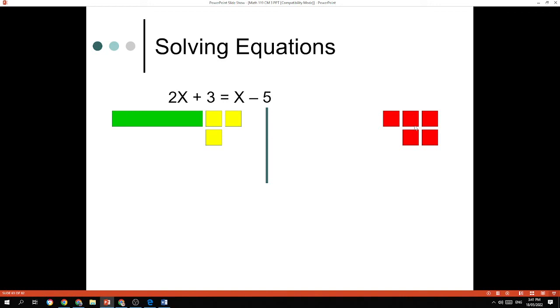So I will be adding 3 red squares to both sides. Then eliminating this one, there is no 0 pair, so it is removed. The answer is x is equal to negative 8. So this answers the problem now.